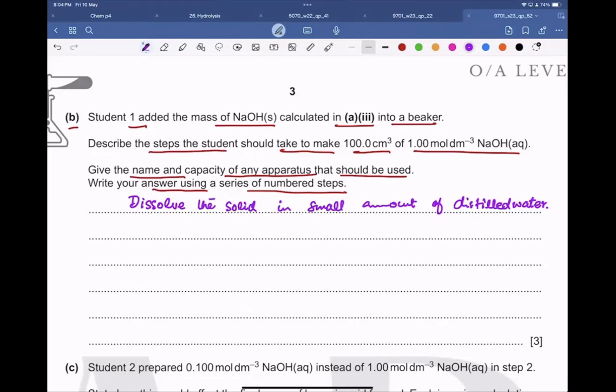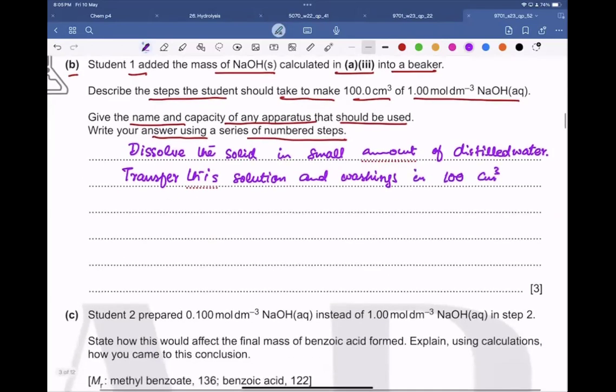Okay. After this, what we will do? Transfer this solution and washings in 100 centimeter cube. And whenever we need to prepare the solution, we need a volumetric flask, right? Into a 100 centimeter cube volumetric flask.